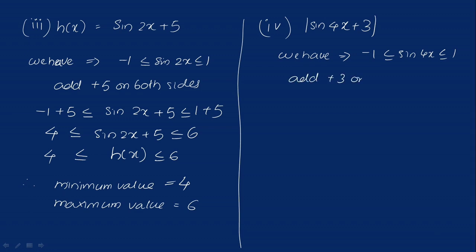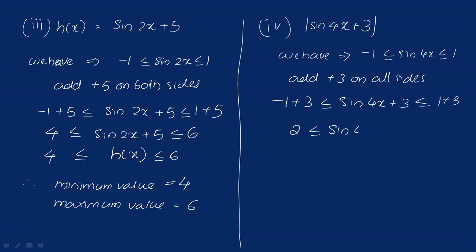Now adding 3 on both sides, minus 1 plus 3 less than or equal to sine 4x plus 3 less than or equal to 1 plus 3, that is 2 less than or equal to sine 4x plus 3 less than or equal to 4. So the range of sine 4x plus 3 is from 2 to 4.